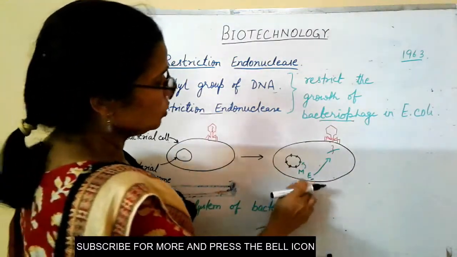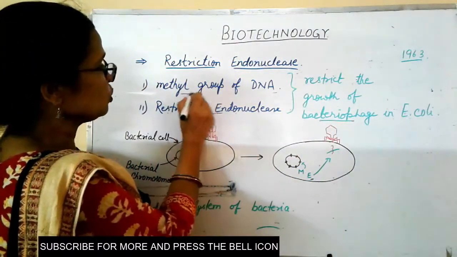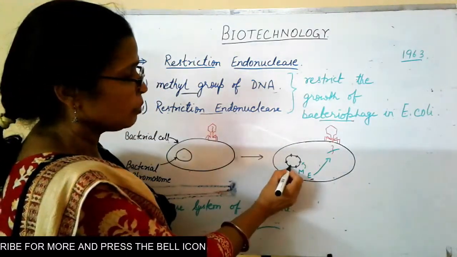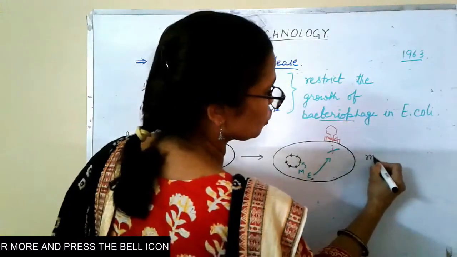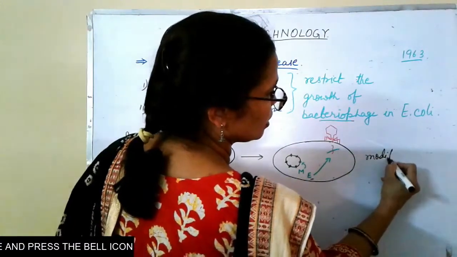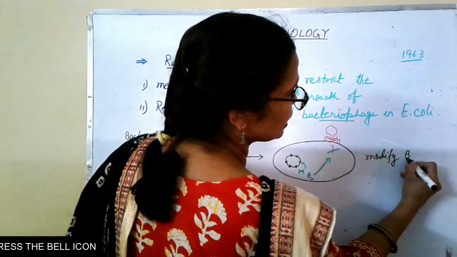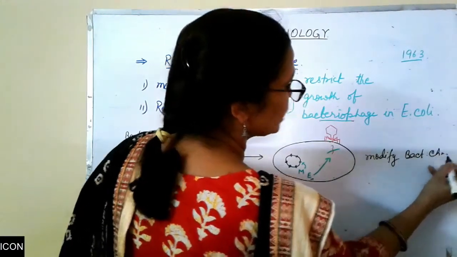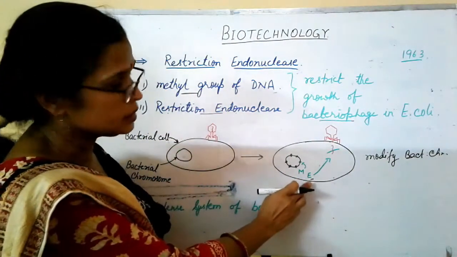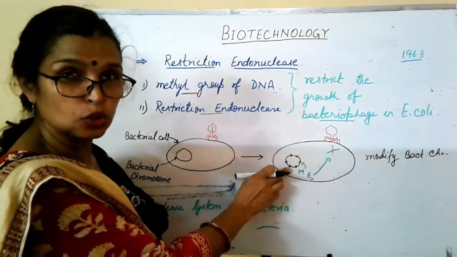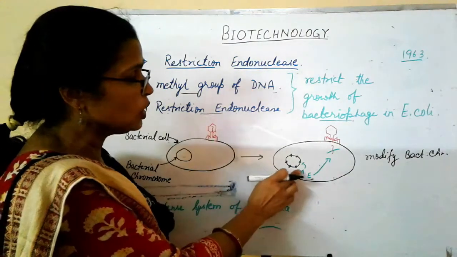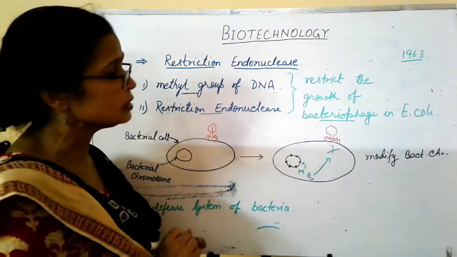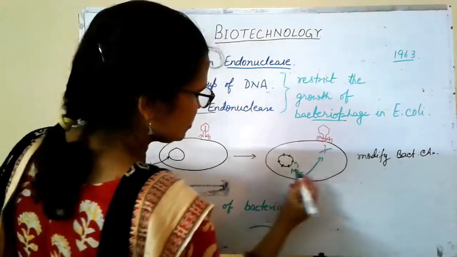So what they do is, the methyl group attaches to the bacterial chromosome; basically it modifies the bacterial chromosome, so that the endonuclease can identify its own chromosome and only damages or destroys the linear genome coming from the bacteriophage.